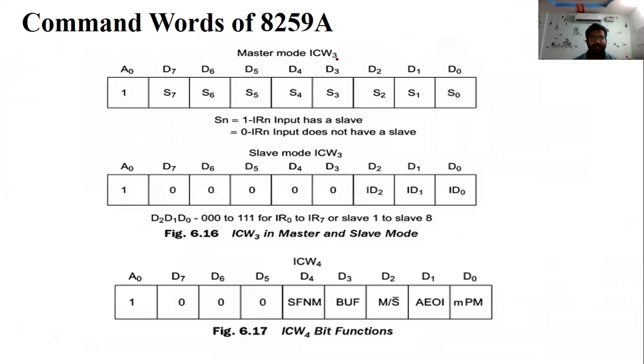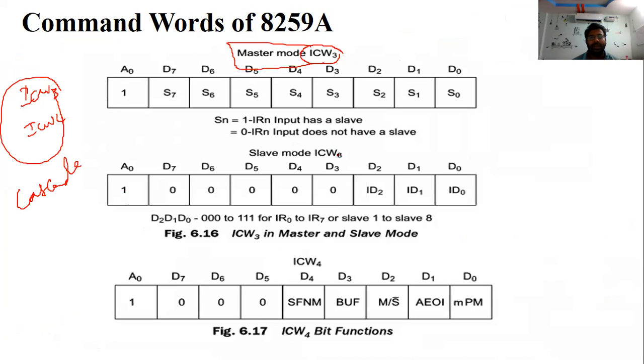Now, you know that ICW3 and ICW4 are used for the cascade mode. ICW3 is used for both master and slave mode.